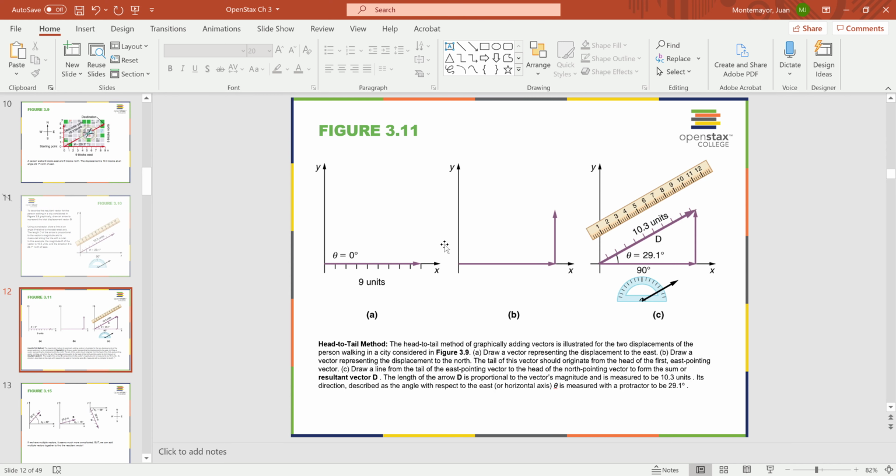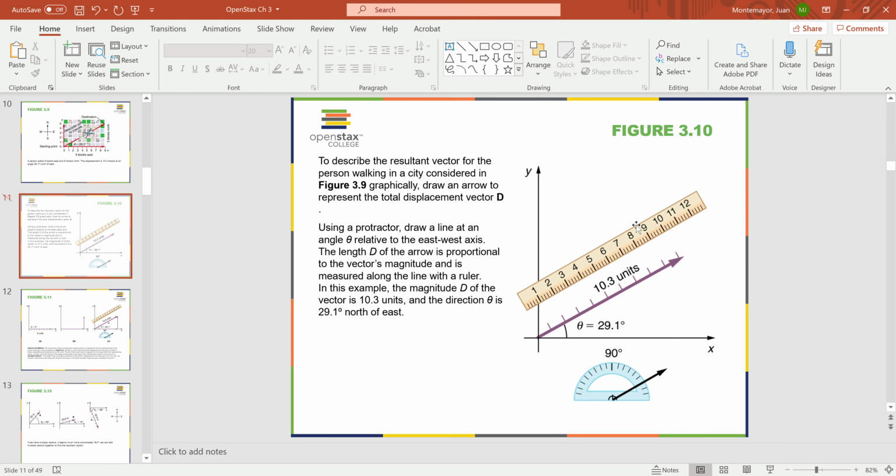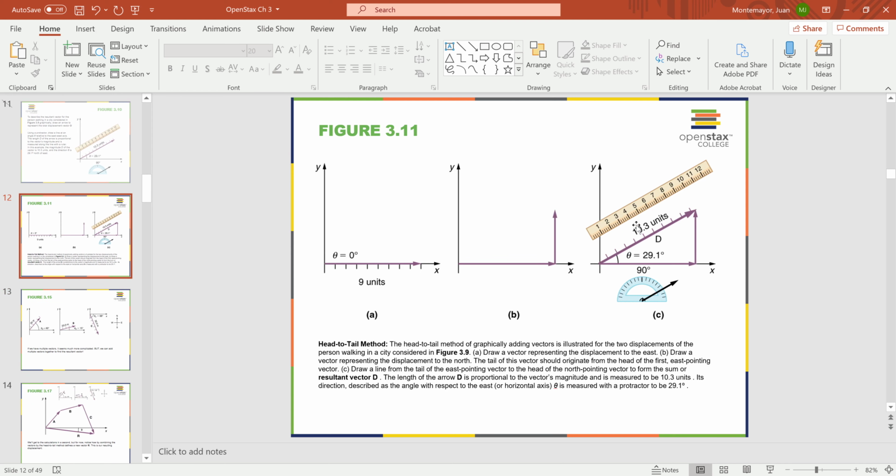So for here, we are trying to identify how there's 9 units here for A at 0 degrees, right? Because it just went on the X, on a horizontal, and that's what we're trying to get at. While here, yes, we went east and then north. We can interpret them a little bit simpler.